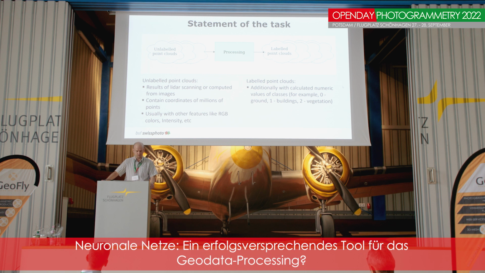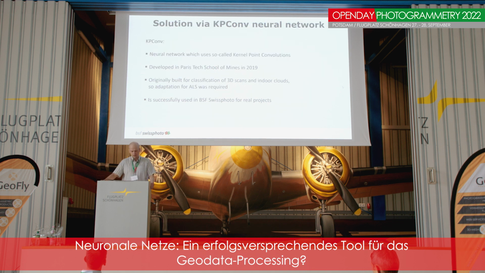They contain coordinates of millions of points, and usually with other features like RGB or intensity, etc. And via processing, we want to reach labeled clouds, which additionally will contain some new feature called label of class. For example, 0 as ground, 1 as buildings, 2 as vegetation, and so on and so on.